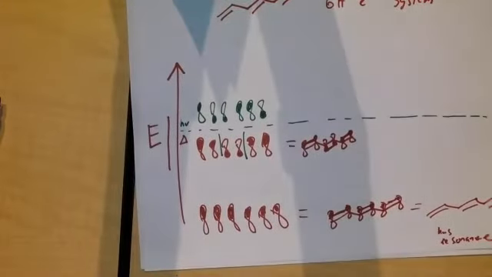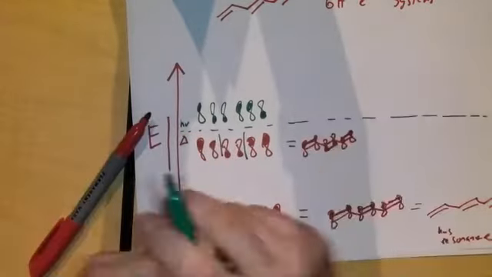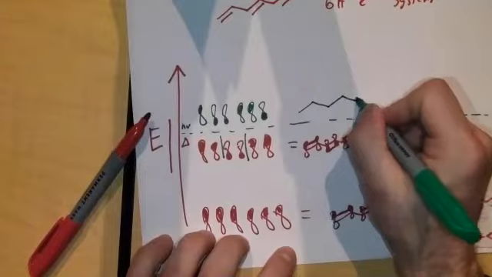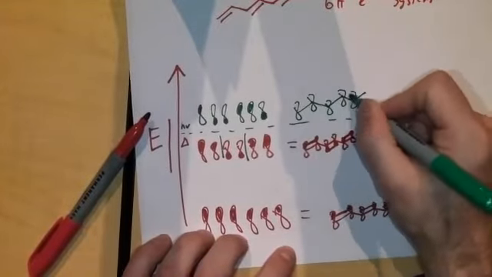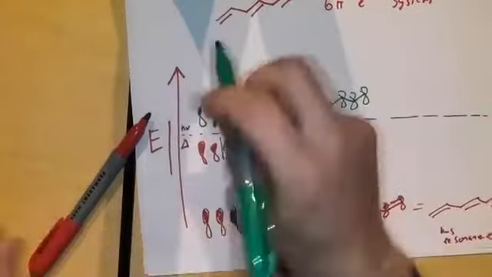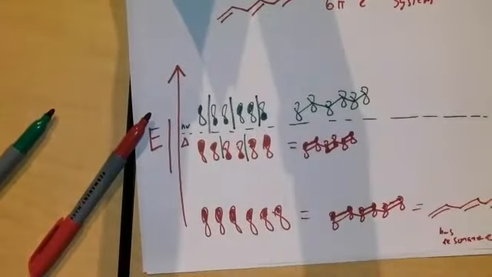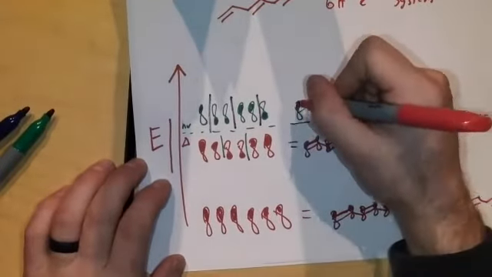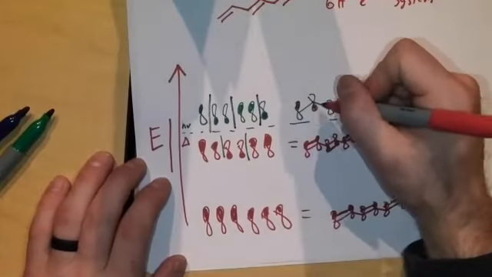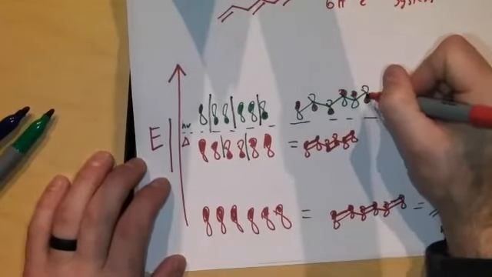I'll kind of go over this pattern in a second. I'm going to keep it green. One by itself, pair of two, pair of two, one by itself.